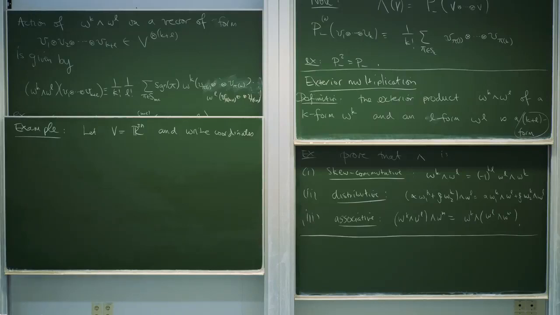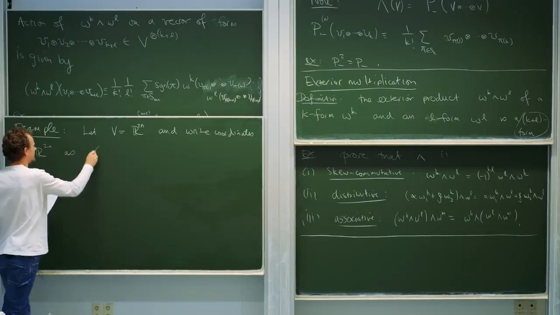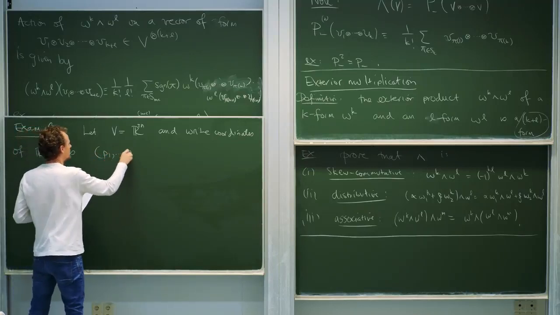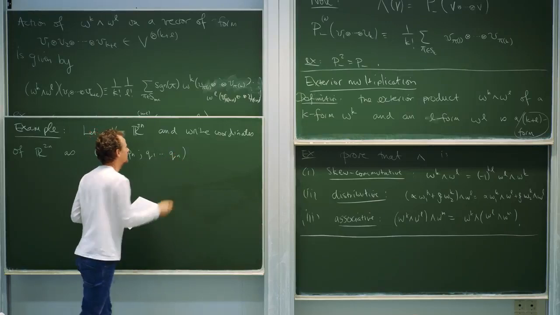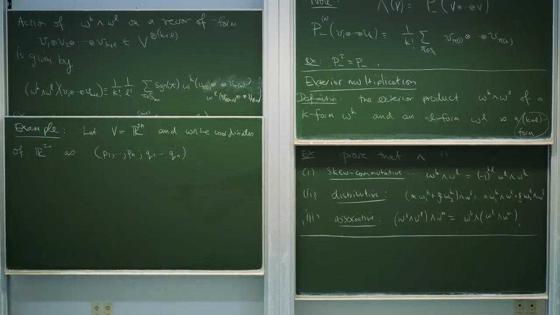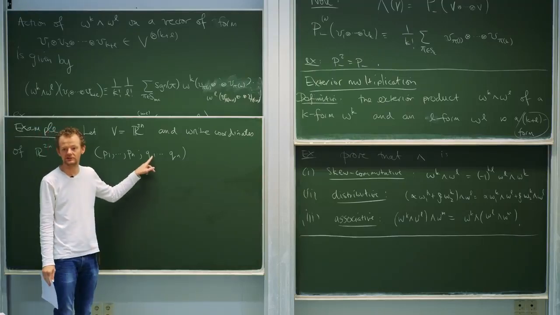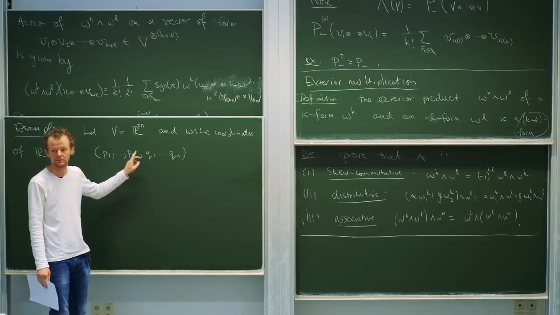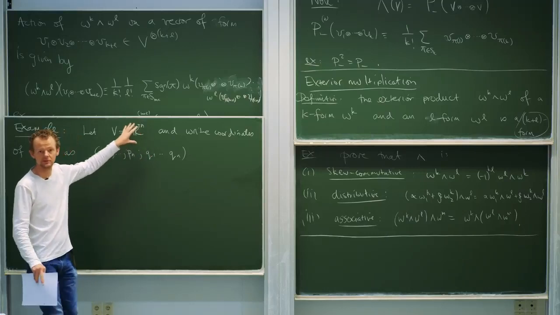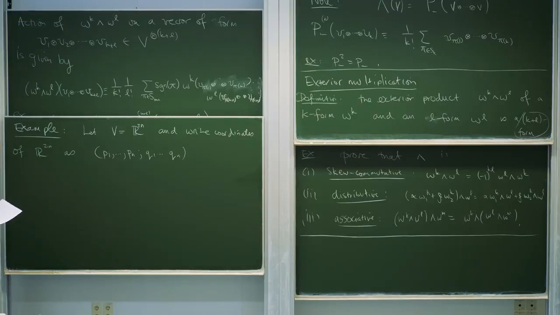So let V be the vector space R to the 2n, and write coordinates of R to the 2n as tuples p1 through to pn, semicolon q1 through to qn. It's an even dimensional real vector space. And I've written p's and q's. When do you see p's and q's in classical mechanics? That makes you think of momentum and position. This is none other than phase space. We're looking here at phase space.